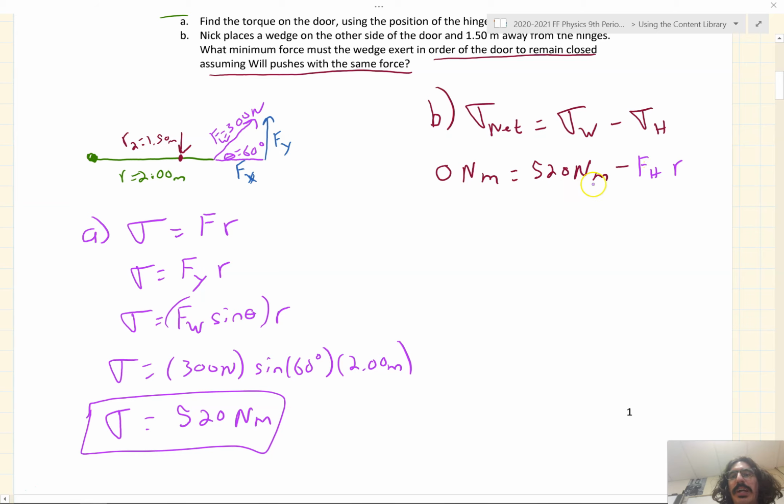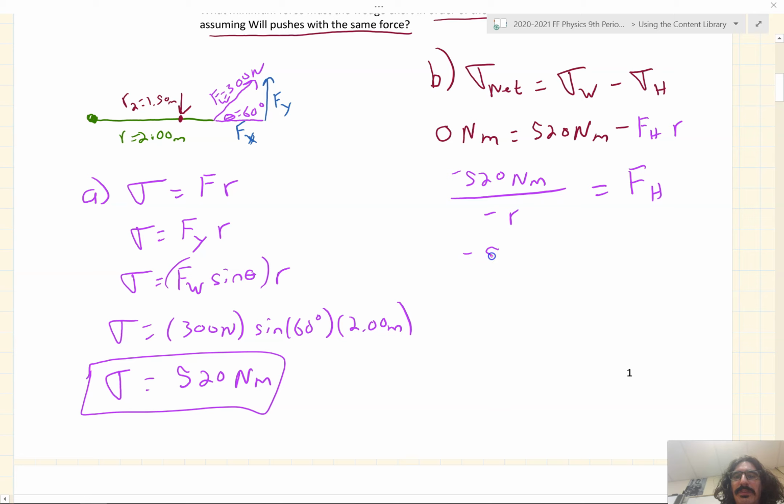So we'll subtract 520 over and then divide by negative r. That's going to give us negative 520 newton meters all over negative r equals the force of the hinge.